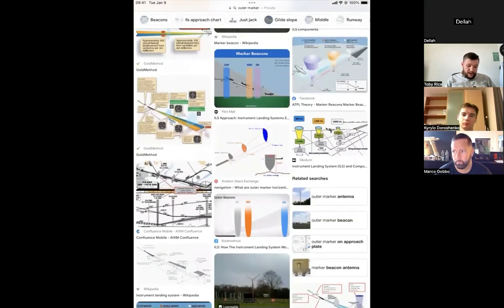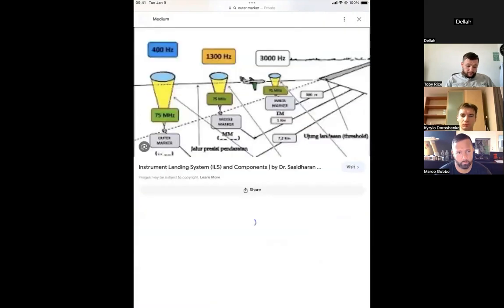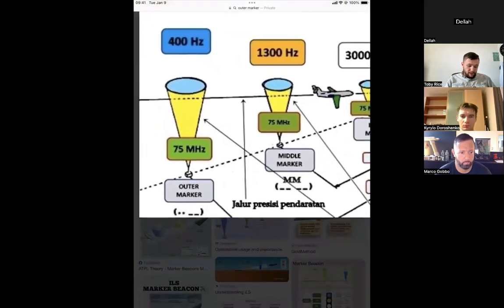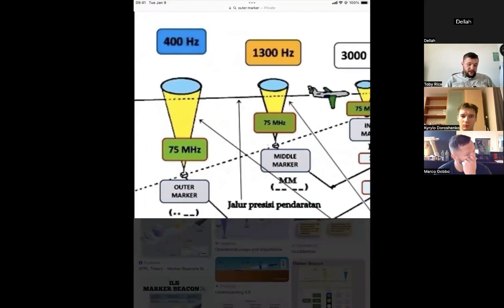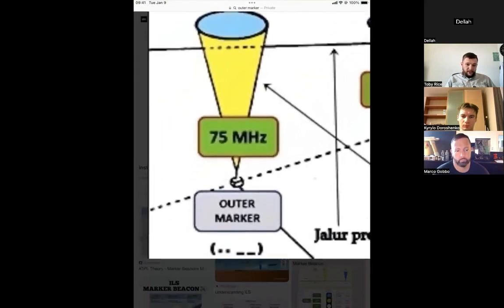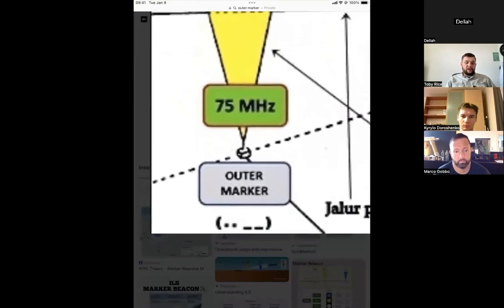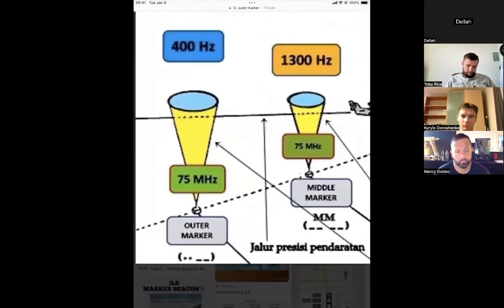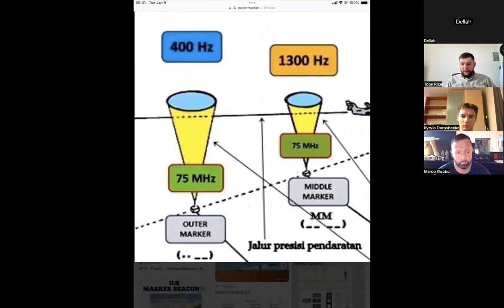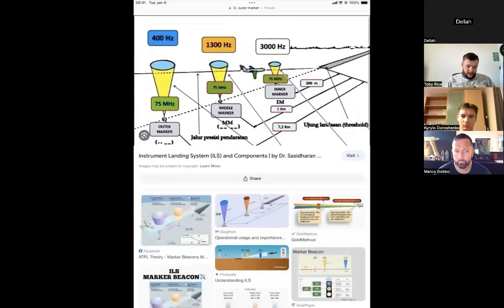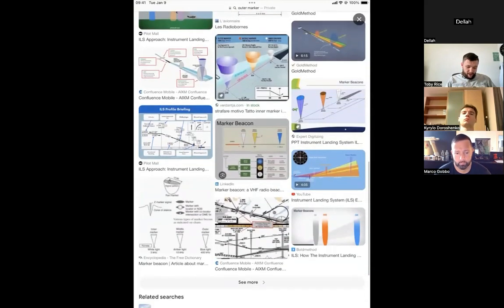Lake is an outer marker, which is a little ground-based station, a little box on the ground that shoots up a signal vertically. When you fly over it, your radios can pick up that signal, and it will show on the airplane instrument panel.